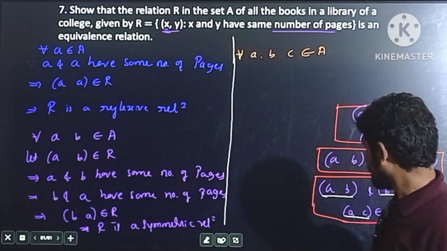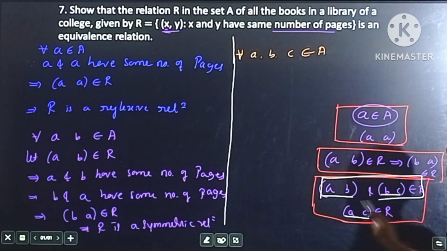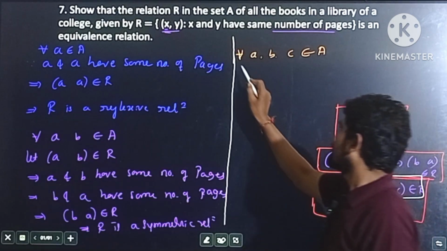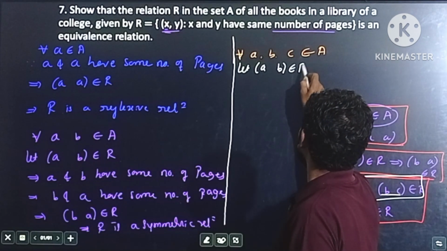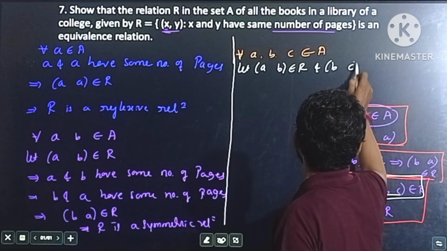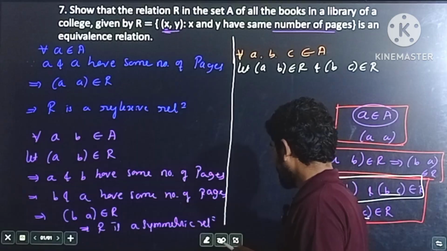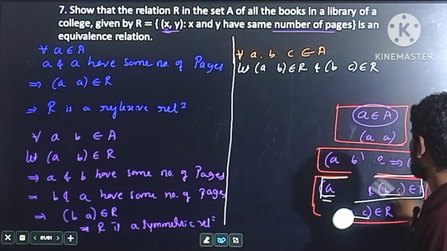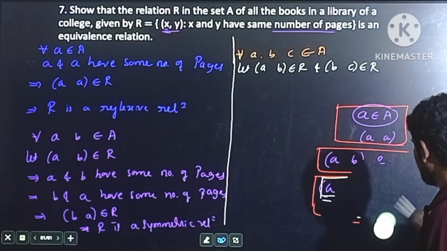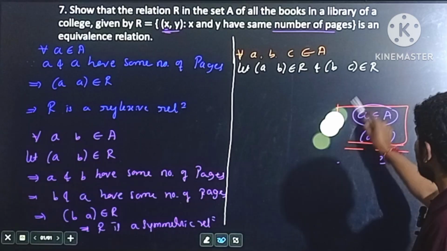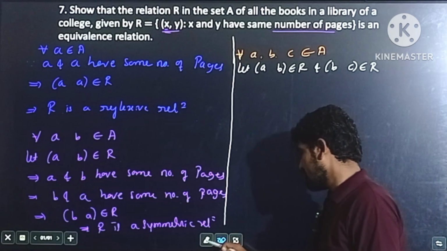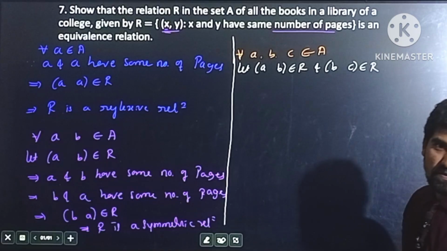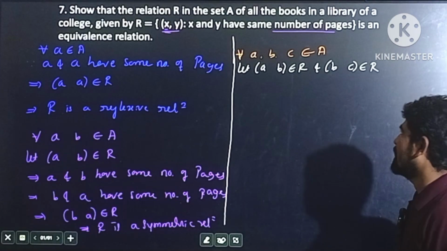First, I consider the first two pairs: let the pair (a, b) belong to R and (b, c) belong to R. Then we need to check whether the pair (a, c) is in R or not. If it exists, it is transitive. If it does not exist, it is not a transitive relation.